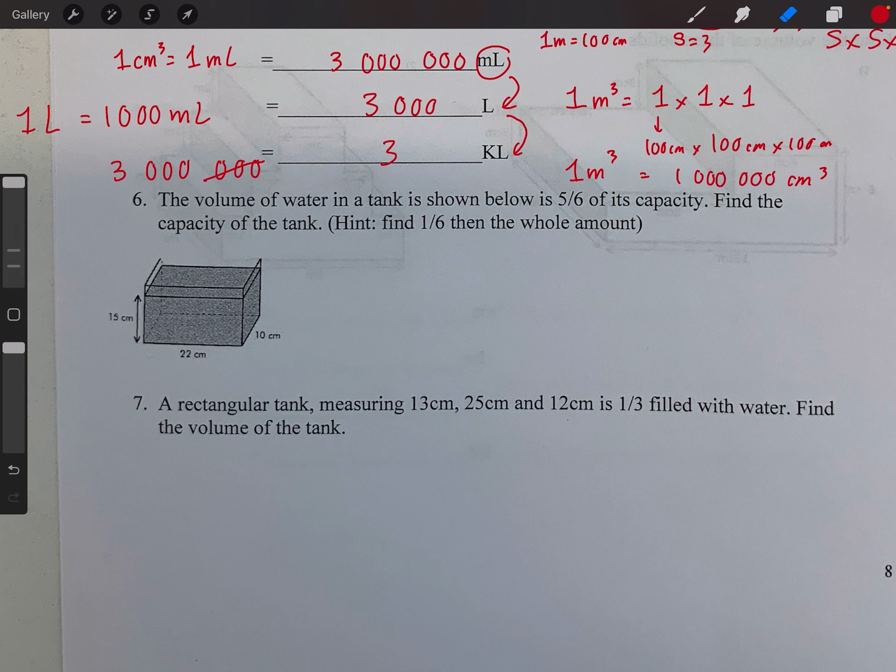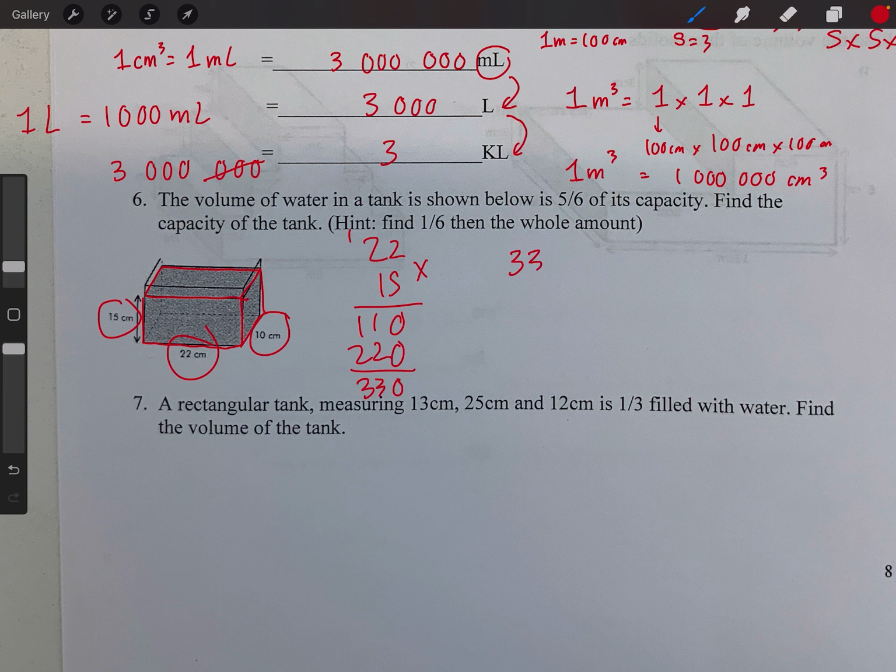Well, let's find the volume of the water. We're given all of the dimensions of the water. We got 15, 22, and 10. So we do 15 times 22. This will be 330. Then we multiply by 10.